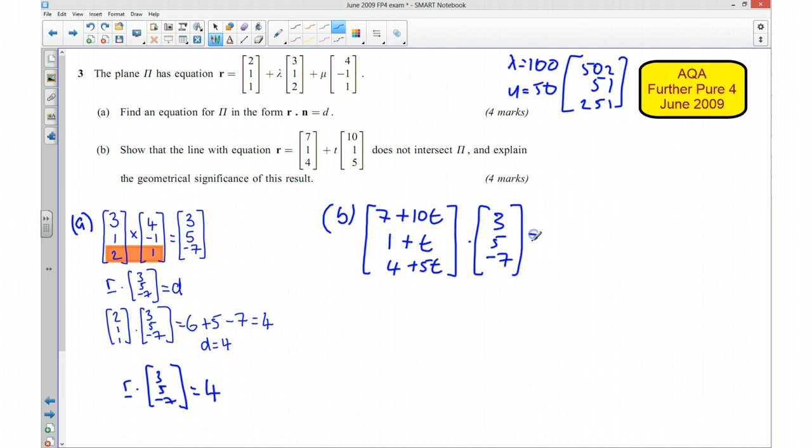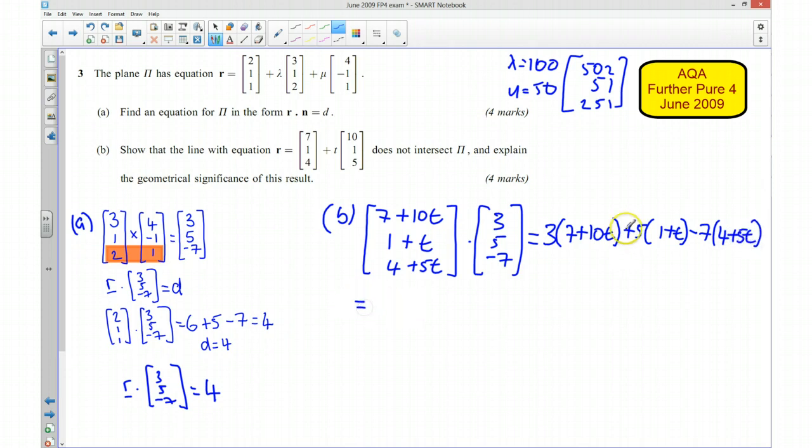So if I stick this in here, I've got 3 times (7 plus 10t) plus 5 times (1 plus t), take away 7 times (4 plus 5t).